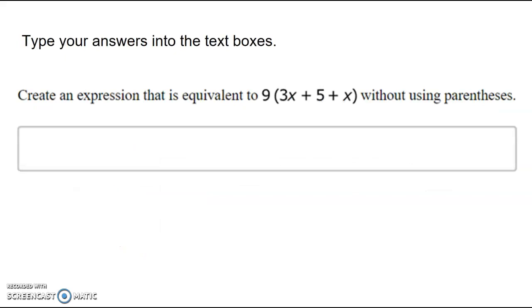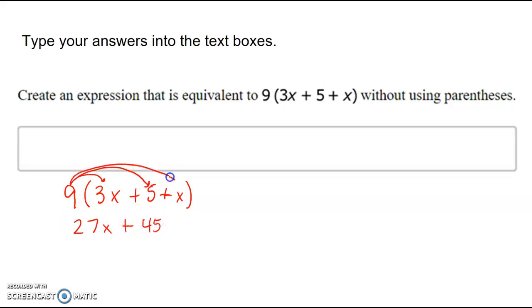Okay, create an expression that is equivalent to 9 times the quantity 3x plus 5 plus x. I'm going to distribute again. So I'm going to take that 9 and distribute it to everything inside the parentheses. So 9 times 3x, that's 27x. 9 times 5 is 45. And 9 times x is 9x.